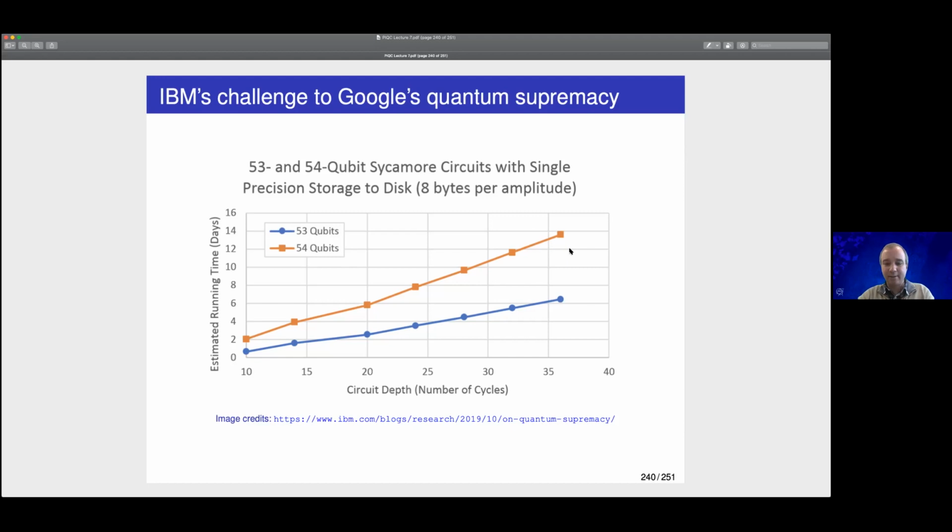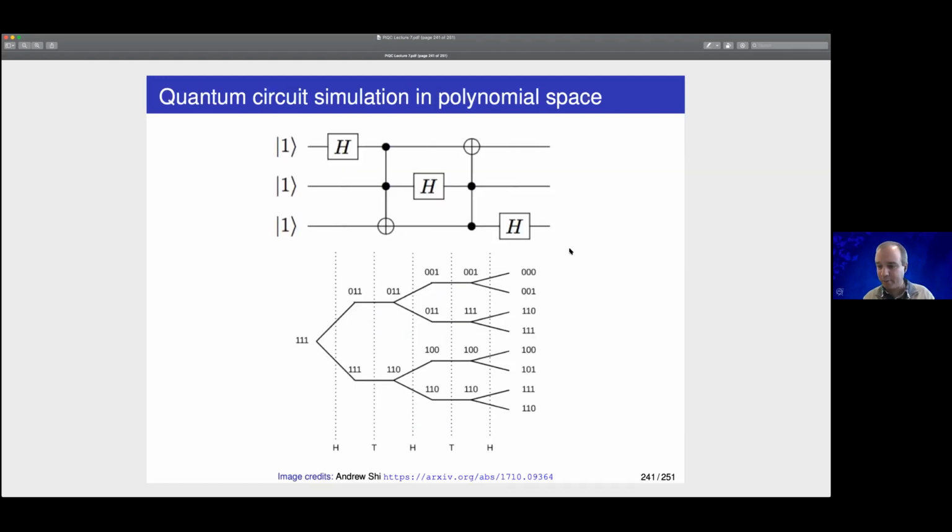why this estimation by IBM? What is the kind of algorithm that they propose to use? Well, the idea here is that if you try to simulate the circuit with the state vector, you need 2 to the 53 amplitudes. And this is something that you cannot have in RAM.